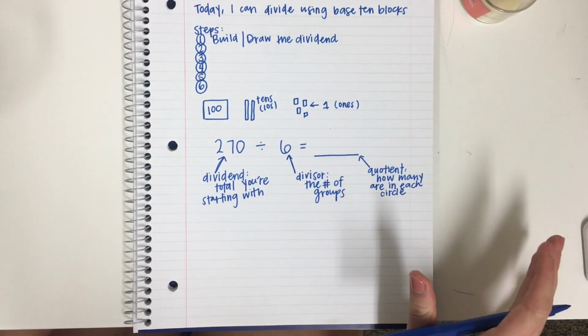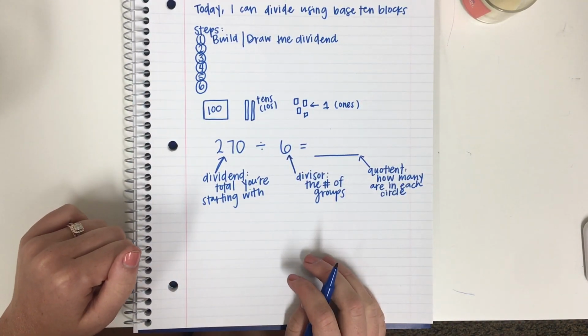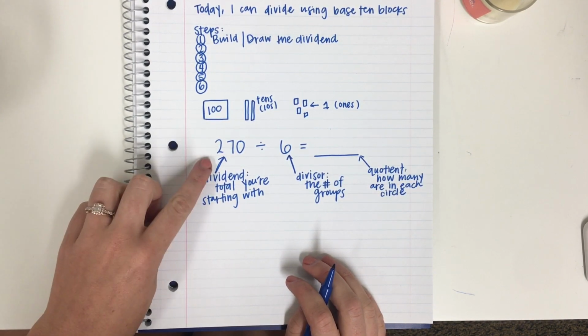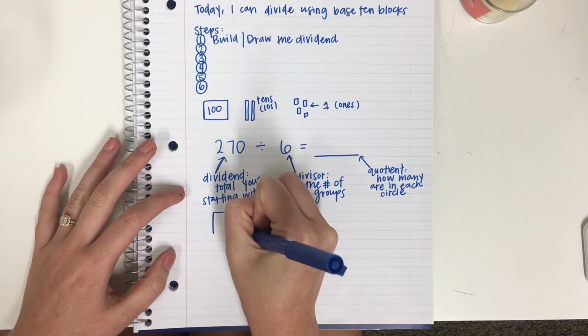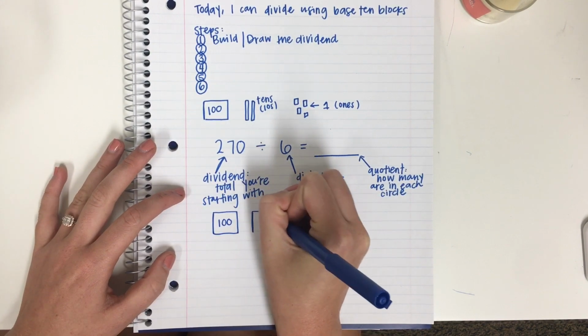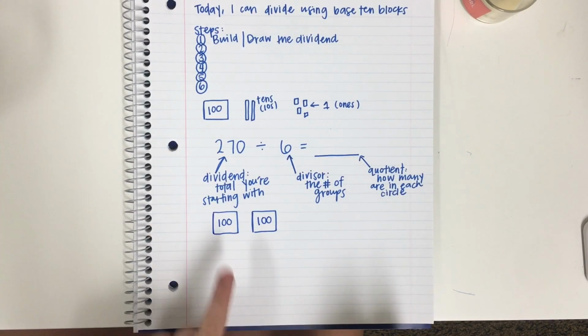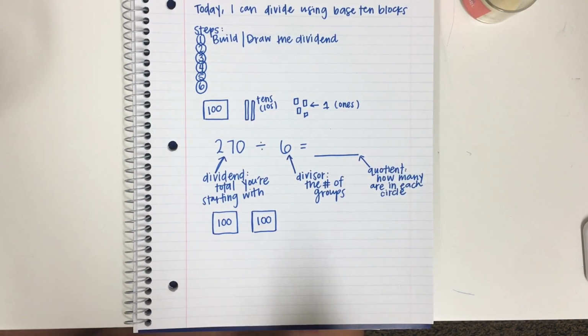That would be a million squares everywhere. So we start with the highest amount and see if we have any hundreds. Yes, we have 2. So I can draw a 100 base 10 block and another one. That gives me 200, 100 plus 100 is 200. That's my place value over here.